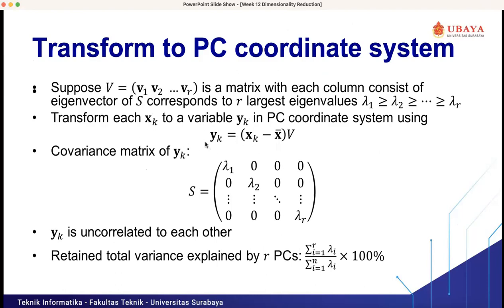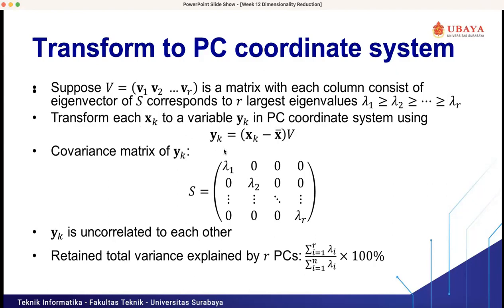So yk is the new feature, and x is the original features, transformed to a variable yk in the principal component coordinate system.